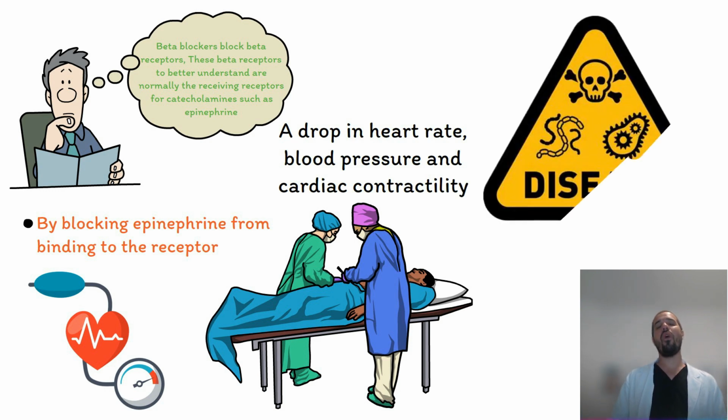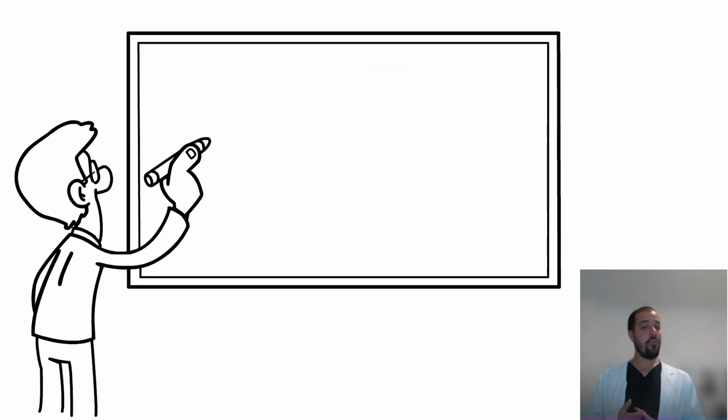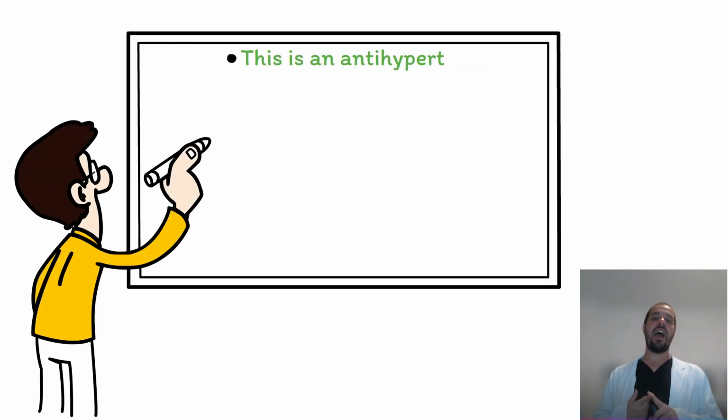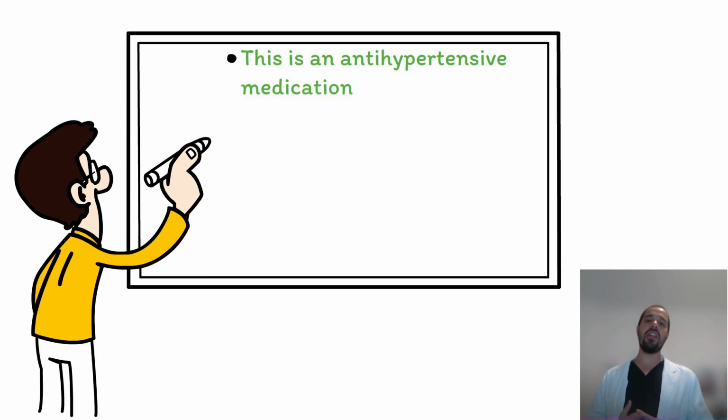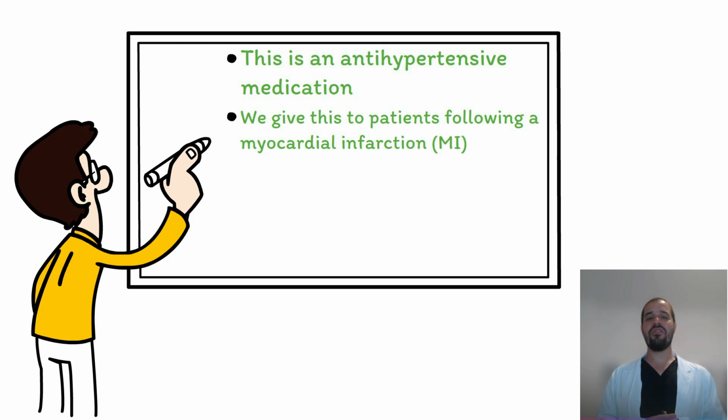The indications: why do we give beta blockers to specific patients? So number one, this is an anti-hypertensive medication. So this is a medication used for hypertensive patients. We also give this to patients following a myocardial infarction.